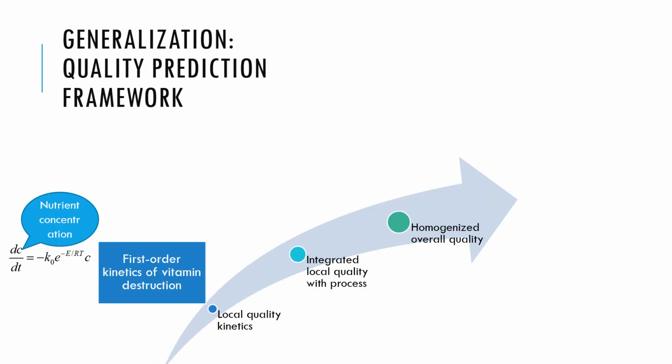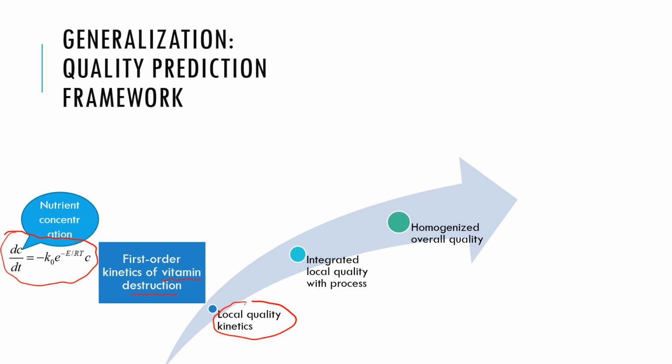So here is how we generalize. First, there is the local quality kinetics, which means we know the first order kinetics for vitamin C destruction, and that's given by, let's say, the first order reaction. That's local.